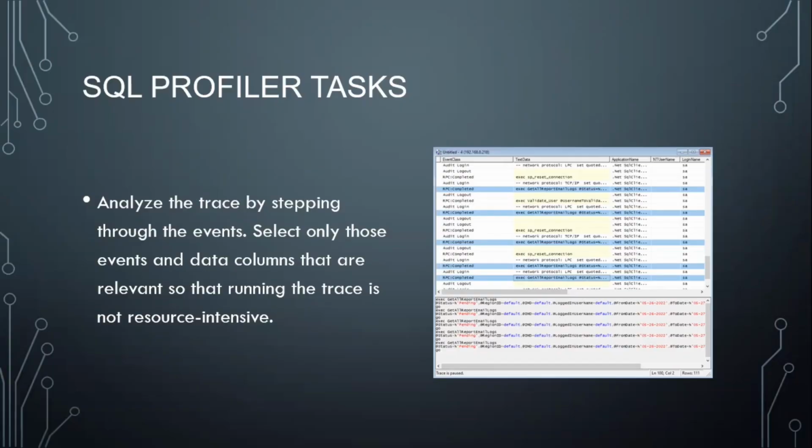Now you have started a trace, the trace is getting the calls. Now you need to step into those events and see what data is being called, or what the calls are, the text data or the application details, the database details, and all those sort of stuff.